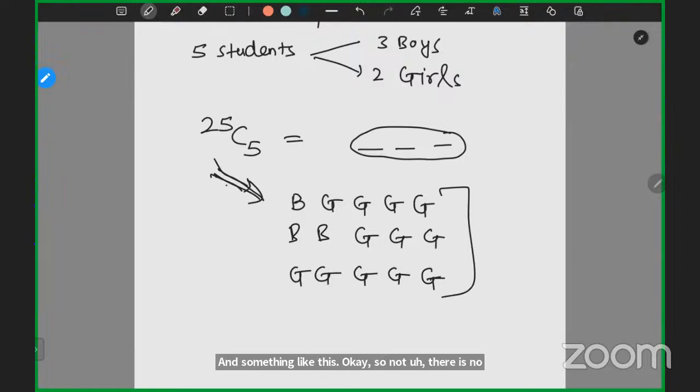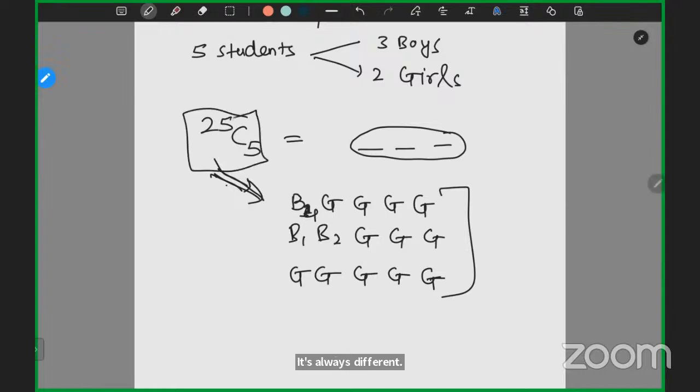Let's say this is b1, then b1 b2. Now in this, b2 can come up, b3 can come up, b4 can come up. So there are all these different ways internally in this. So I can't do it this way.